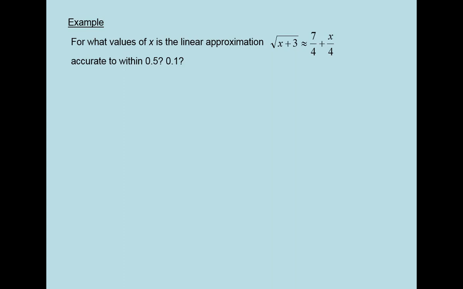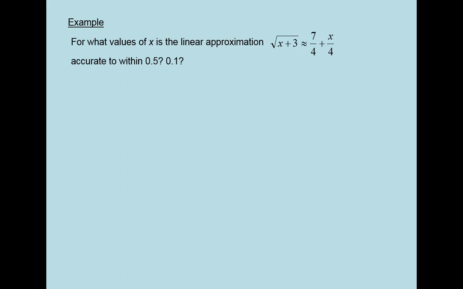So like the last problem we just did, we plugged in for x, we plugged in 0.98. We could determine how close that was to the actual answer. And I asked you to do that on the last slide. Plug in the square root of 3.98 into your calculator and compare it to what we got using the linearization.